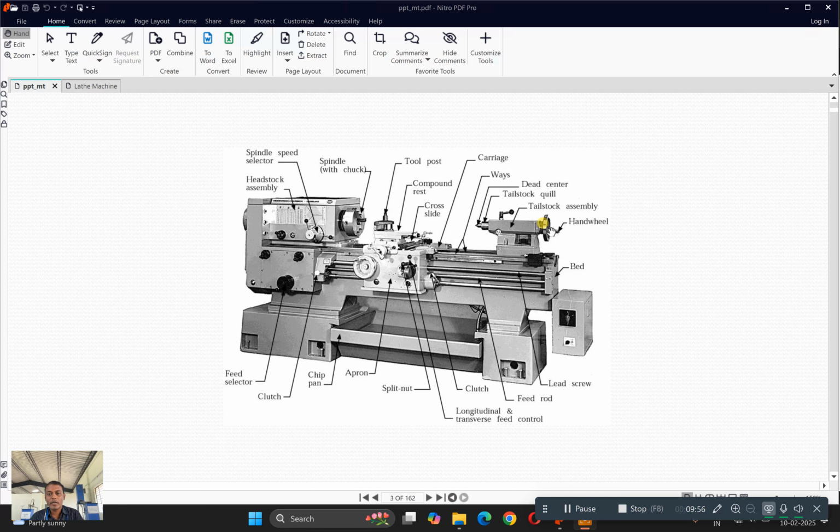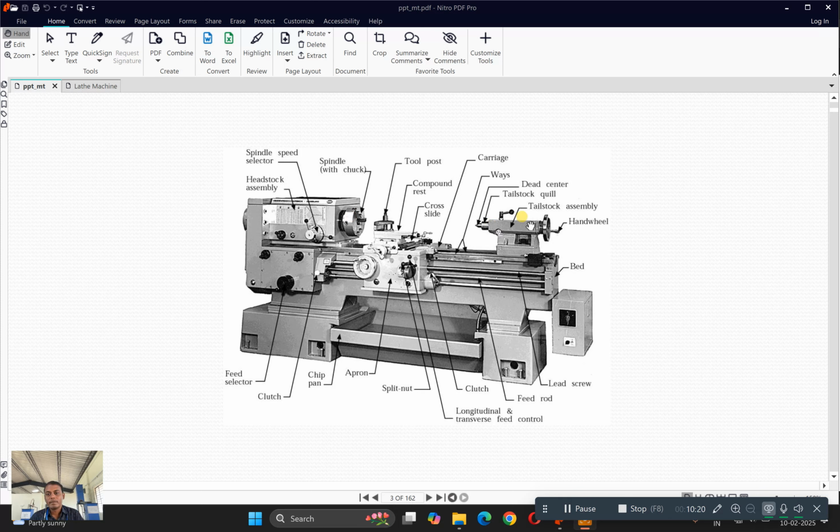Whenever we rotate this hand wheel, the tailstock spindle will come out or go in, and on this tailstock spindle we have a dead center. This dead center is used to fix or handle larger shafts.